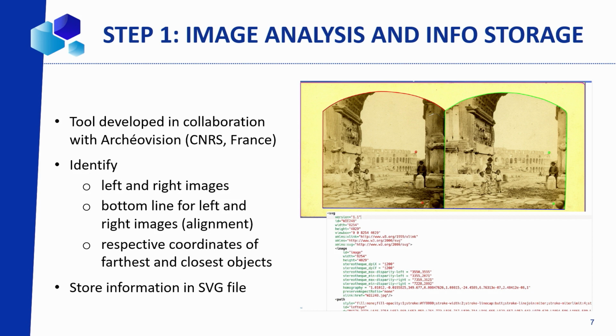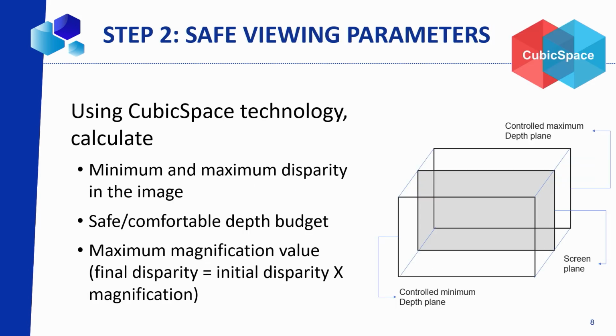SVG files are very, very lightweight, very common, very standardized, and we can put that together in a data bank next to the picture, and it's extremely efficient to distribute and to do our processing. Once that is done, we have a picture, we have the SVG file, they are stored together, then we start the processing. So in step 2, we determine the safe viewing parameters.